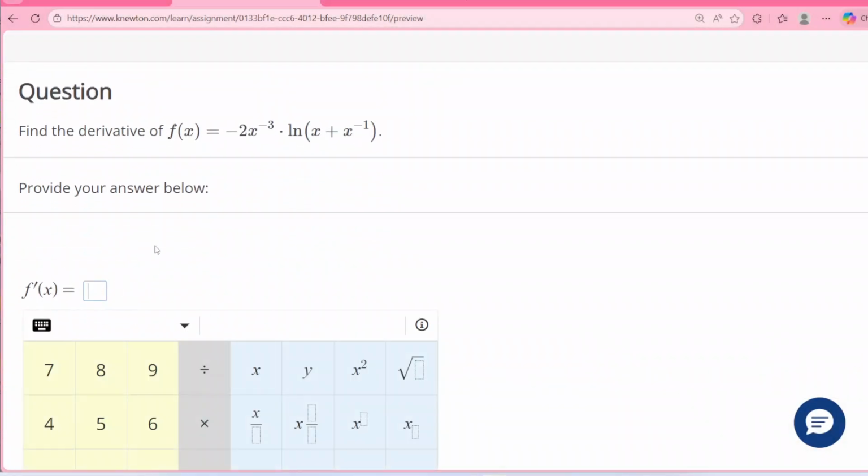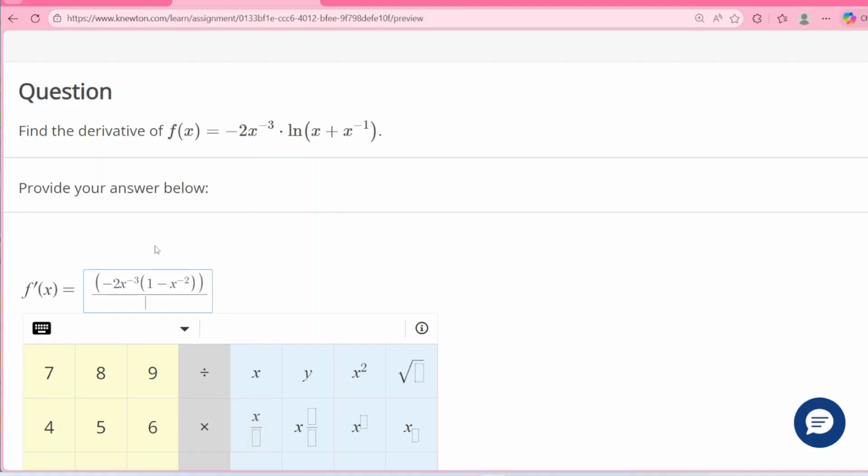Okay, so let's type this out. So that first product in the numerator, negative 2, well, make sure it's in the numerator, put in parentheses, negative 2 times x to the negative 3 times, the other factor up there would be 1 minus x to the negative 2. All right, so all that up top, and the denominator of x plus that x to the minus 1. All right, so that was the first product, first term.